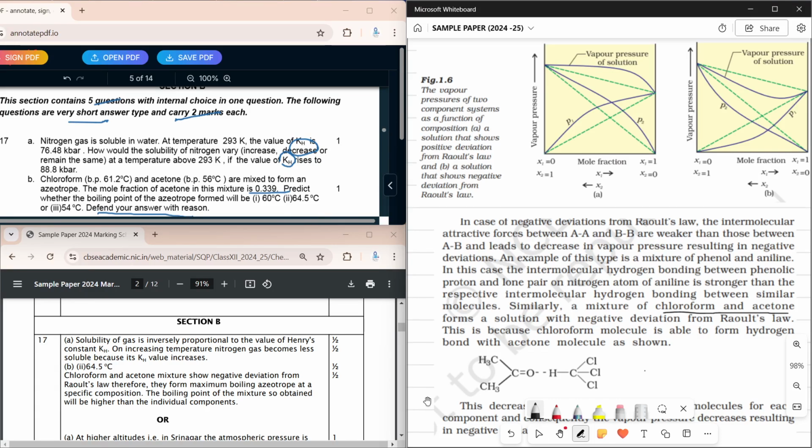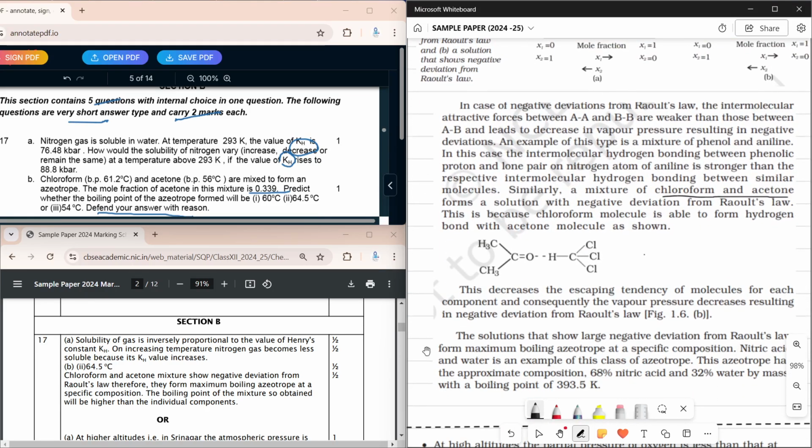Now, we also learned about azeotropes under this. The solutions that show a large negative deviation from Raoult's law will form maximum boiling azeotropes at a specific composition. Because of the negative deviation from Raoult's law, the boiling point will be 64.5, because of the strong interaction.